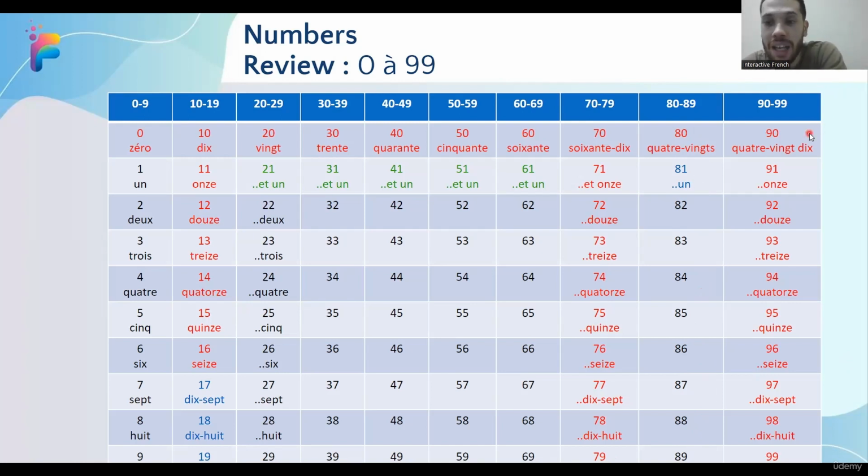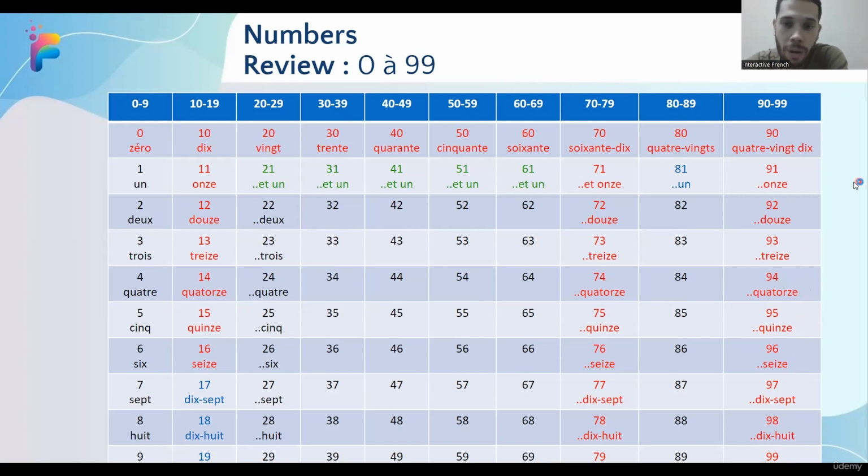It goes 90, 91, 92, 93, 94, 95, 96, 97, 98, 99. And there we have them all, the numbers from 0 to 99.